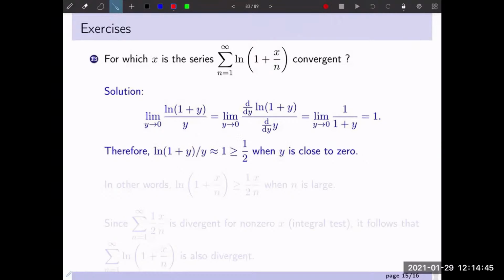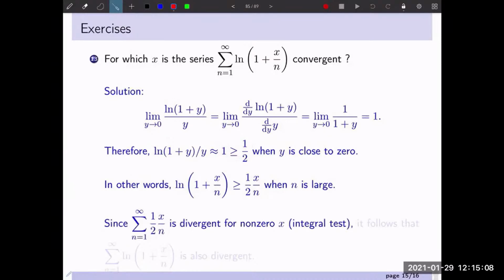So this ratio is roughly 1, which means that log(1 + x/n) is roughly x/n. So it would be bigger than half times this number, because roughly equal to 1 means that it's bigger than half.